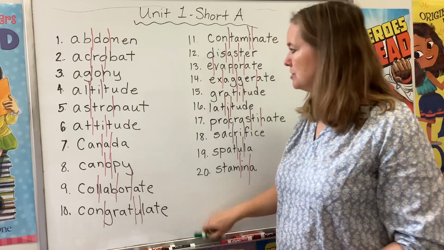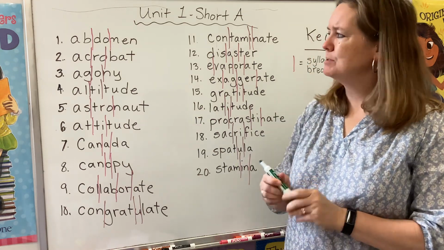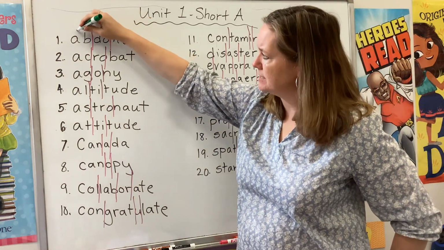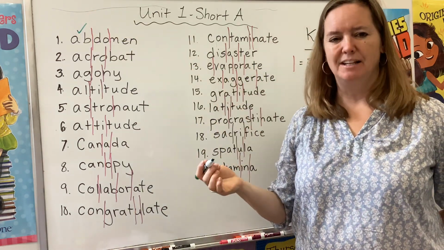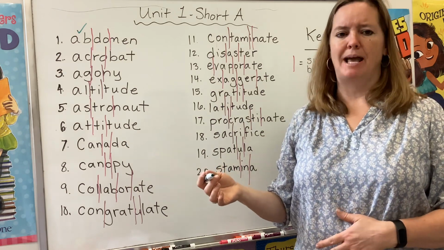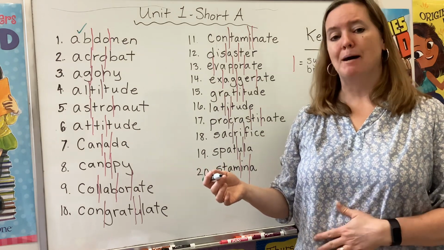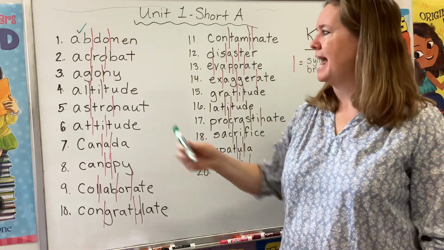What I want you to do is choose another color, and in the word abdomen, I want you to notice that the ab syllable is stressed. We say it a little bit louder, right? I don't call this my abdomen. I don't call it my abdomen. I call it my abdomen. So my first syllable is stressed.